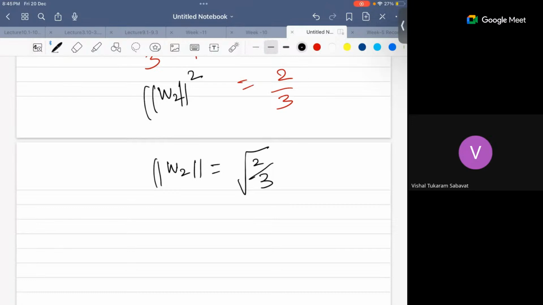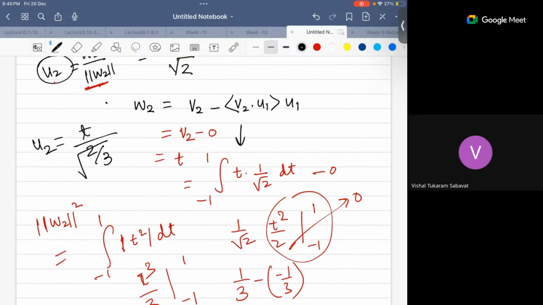Here it is not 2 by 3, it is under root of 2 by 3. So the norm of w2 is under root of 2 by 3, and u2 will become root of 3 by 2 times t. So this is that value. A similar type of problem can be asked in the exam also, so you can practice at least 1 or 2 questions. Okay.